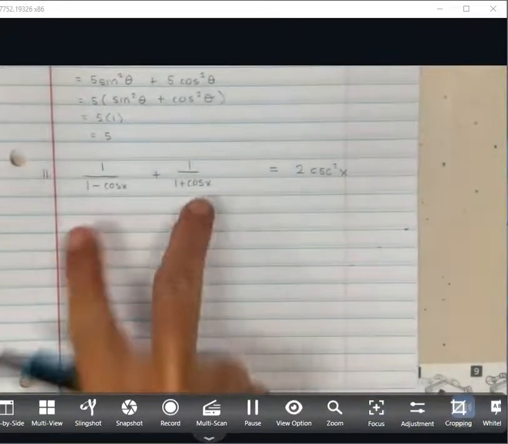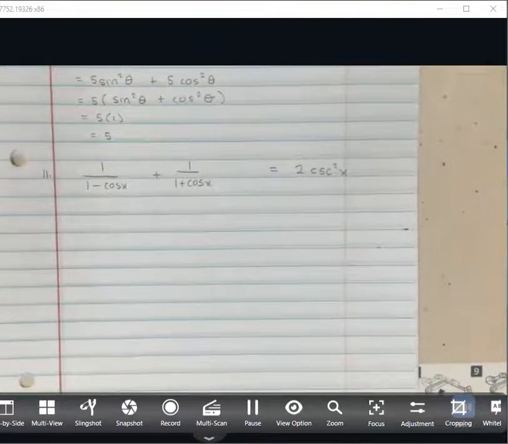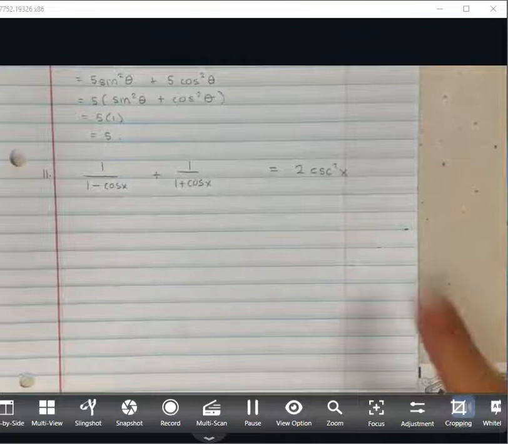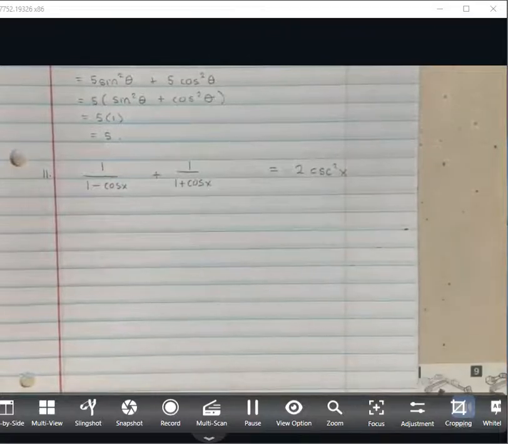We're adding 2 fractions, so you need a common denominator. When you get that common denominator, magic happens, and it turns into 2 cosecant squared x. You just have to write it. What's the common denominator between 1 minus cosine of x and 1 plus cosine of x?